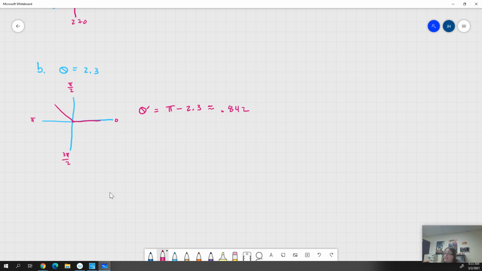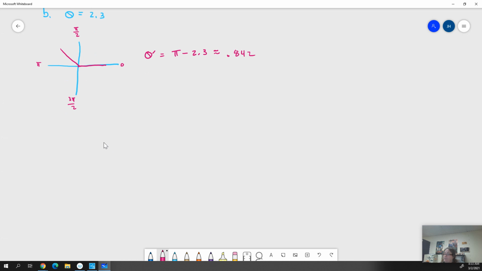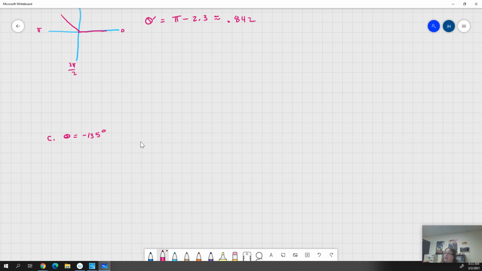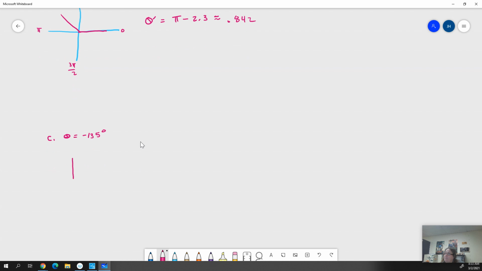If you're given a negative angle, say theta equals negative 135 degrees, let's look at that on a graph. Bam. That was a good straight line.